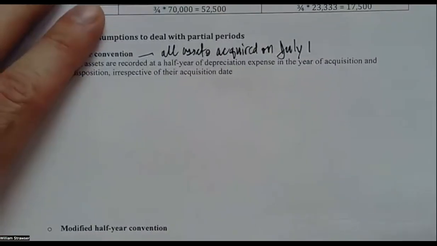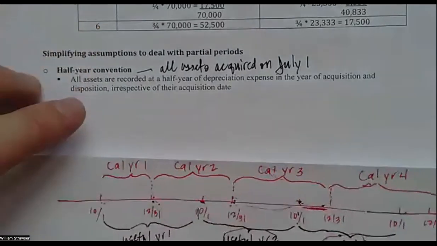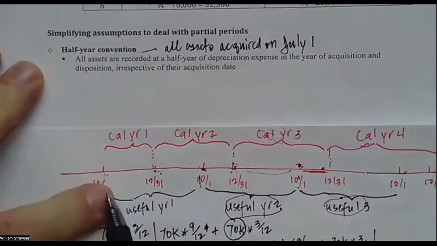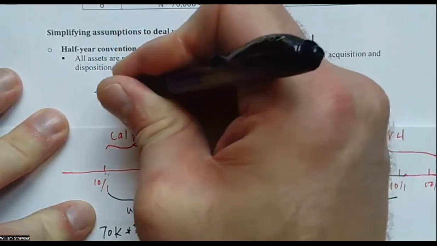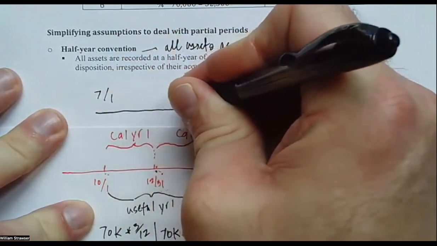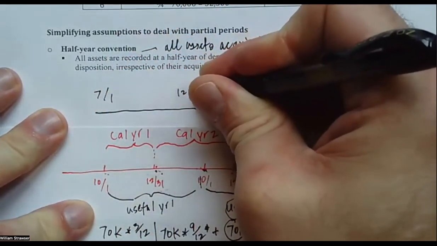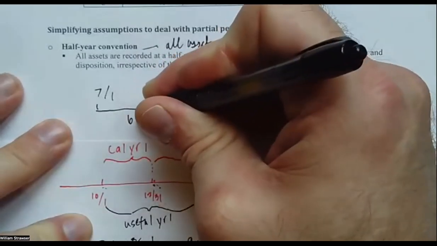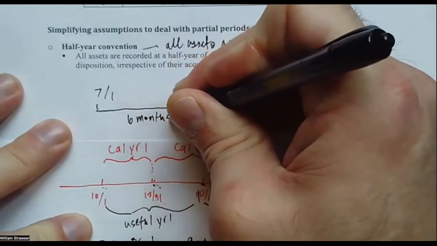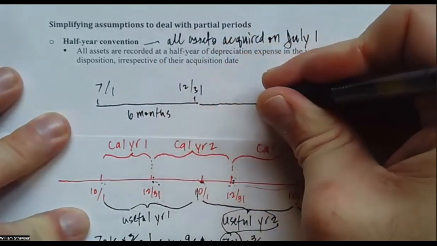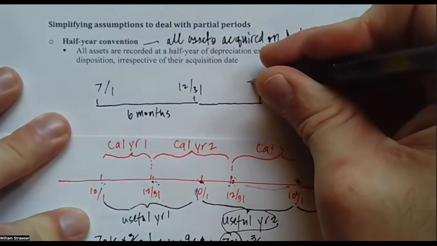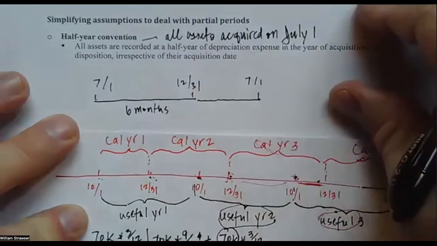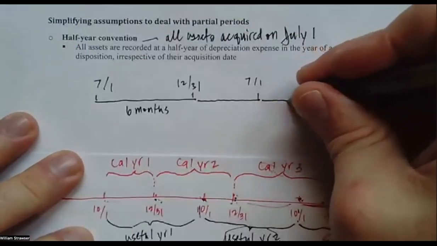So basically what we do is, instead of thinking, okay, I bought it on 10/1 and now I have 12/31, I treat it as if I bought it on 7/1, and then 12/31 is 6 months away. And then the first useful year ends on 7/1 of the following year.